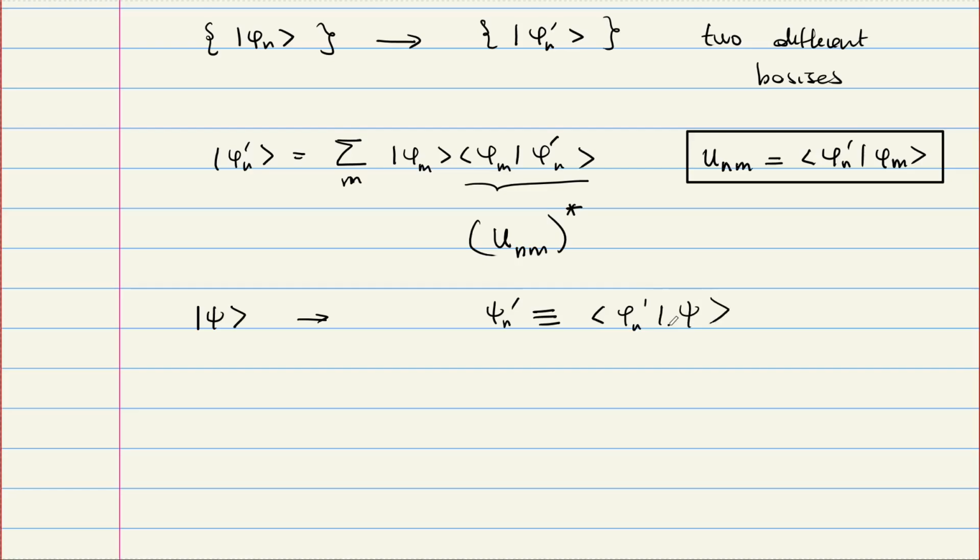And I want to look at this phi n prime. In the bra version, it's going to be equal to, again, I'll put the unity, sum over m phi m phi m phi n prime.